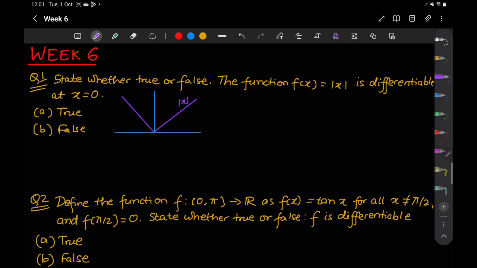This is mod x, this is the x-axis, this is the y-axis or f(x), and the definition for f(x) equals mod x is given in a piecewise form as follows.